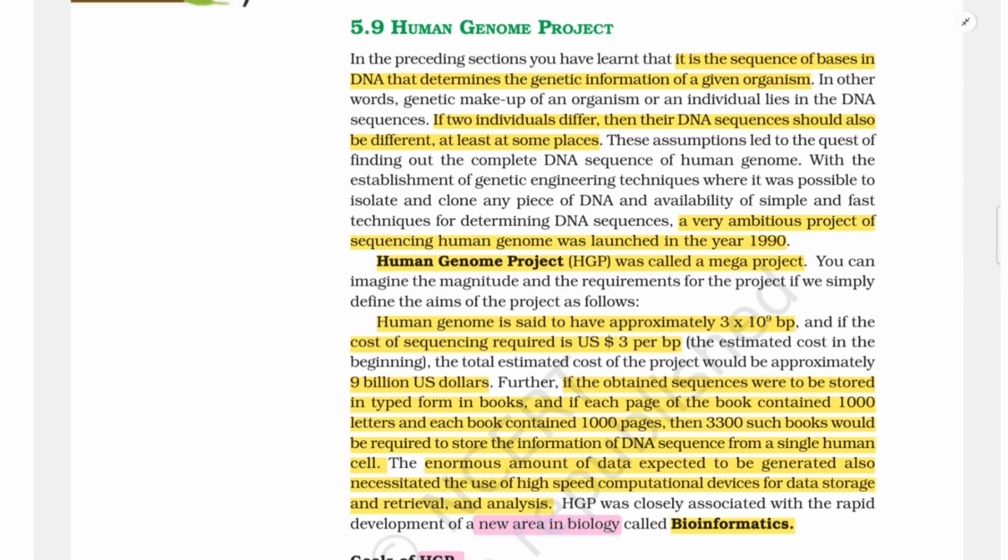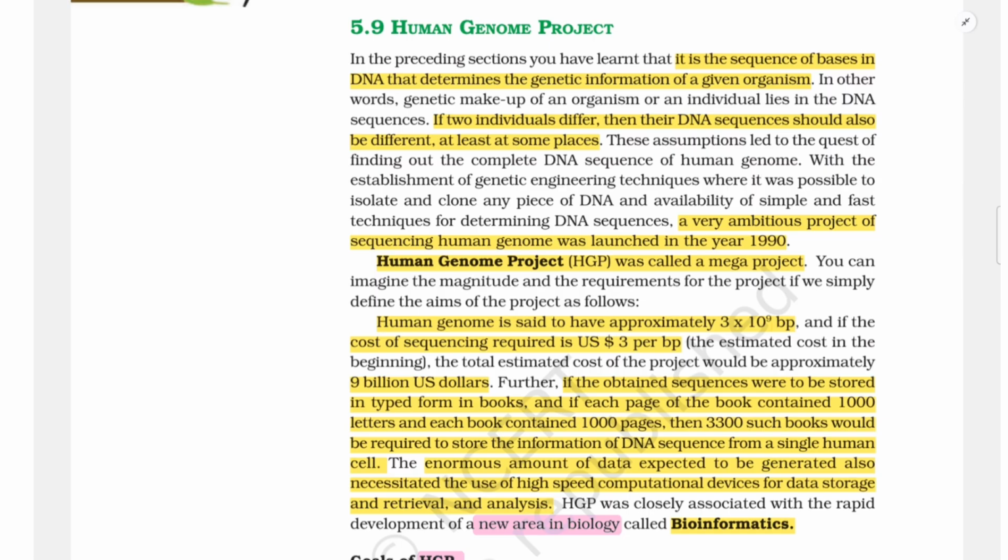You can imagine the magnitude and the requirements for the project if we simply define the aims of the project as follows. Human genome is said to have approximately 3 x 10^9 base pairs, and if the cost of sequencing required is US dollar 3 per base pair, the total estimated cost of the project would be approximately 9 billion US dollars.